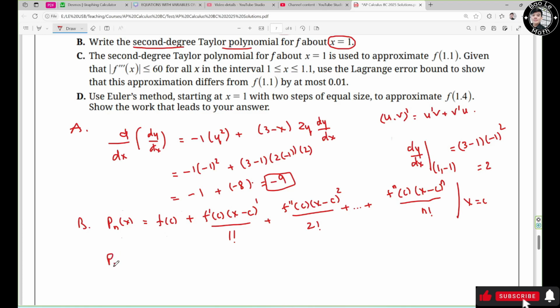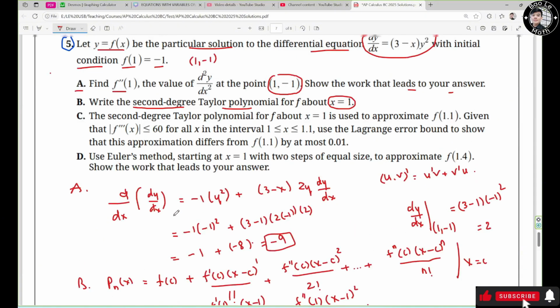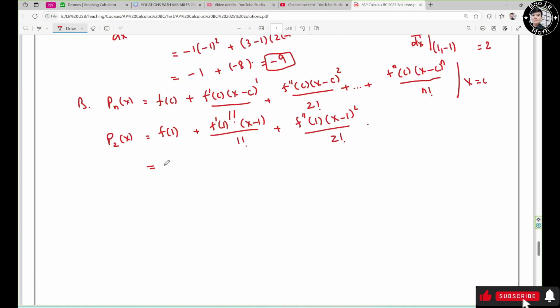Now we only need to write the second degree Taylor polynomial. So we have p2 of s equals f of c, which means f of 1, plus f prime of 1 times s minus 1 over 1 factorial, plus f double prime of 1 times s minus 1 squared over 2 factorial. Alright, f of 1 is given right here, negative 1. So we have negative 1 plus f prime of 1.